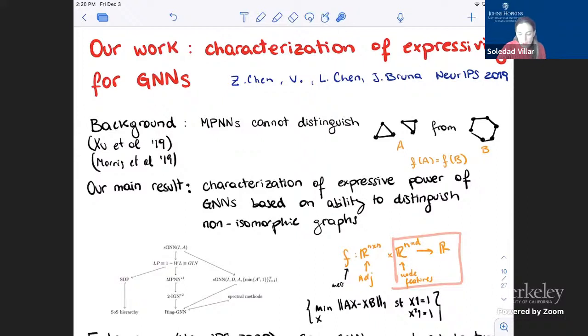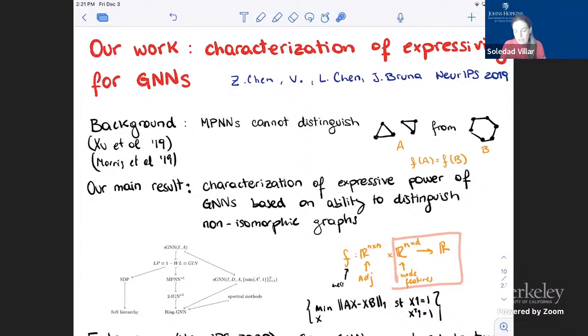Basically what they show is that if you do just a naive message passing neural network, then there are some graphs that are not distinguishable. There are pairs of non-isomorphic graphs for which every message passing neural network gives the same function for both graphs. And this is in connection with the graph isomorphism problem.